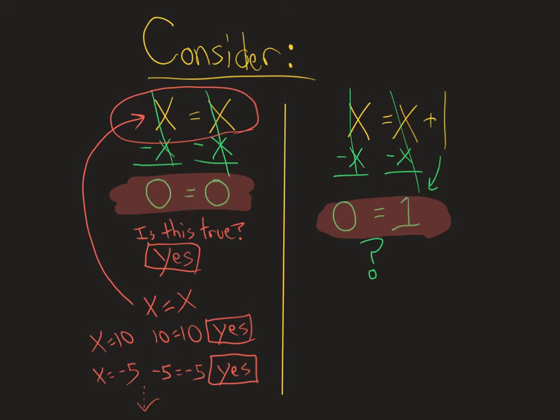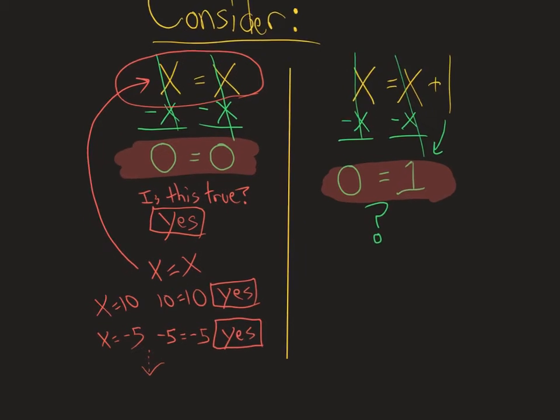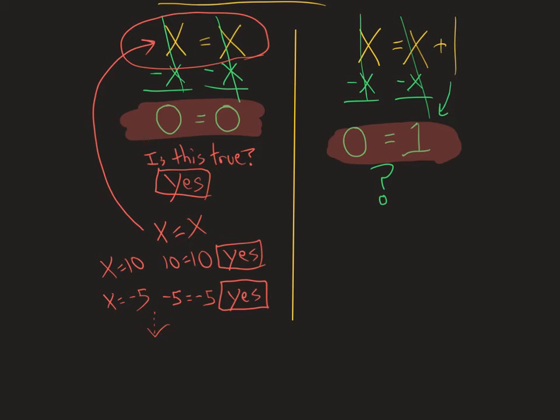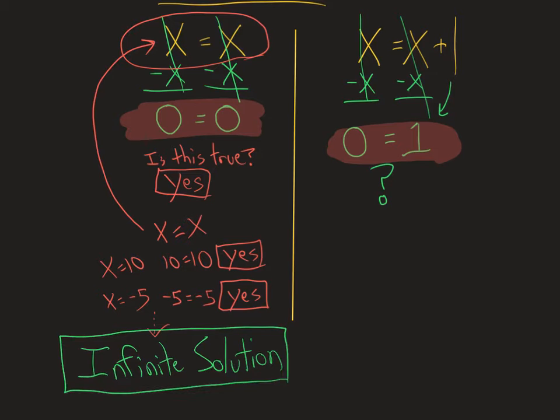Then we end up with many, many values that would work for x. Therefore, we have a name for that, and it's called an infinite solution.